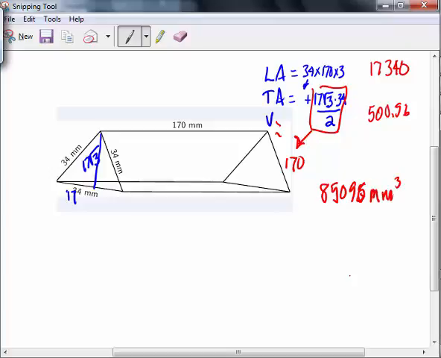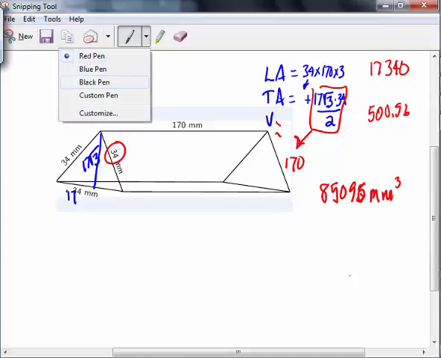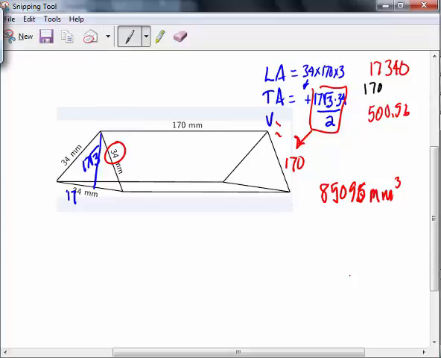Okay, let's get the right number of sig figs. Looks like we've got 2 sig digs is all we can have in our answer. So the first one, we would write that answer as 17,000 millimeters squared. 17,340 plus 500 is 17,840 millimeters squared, but we can only have 2 sig digs, so we would say 18,000 millimeters squared.